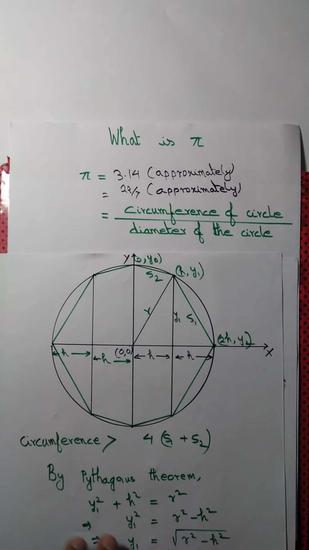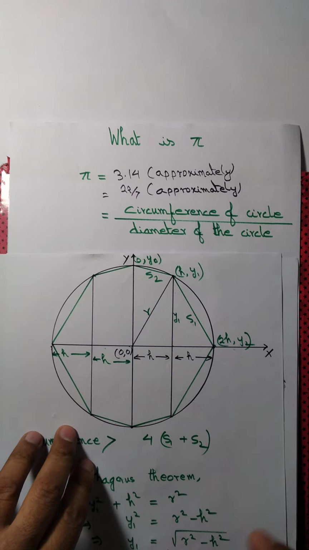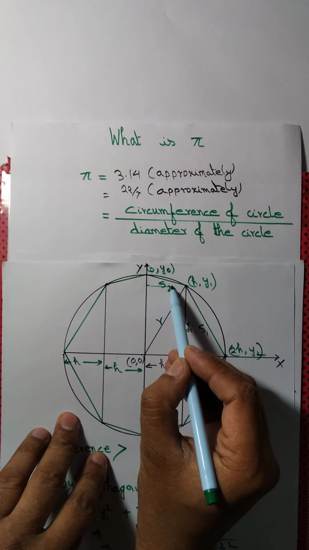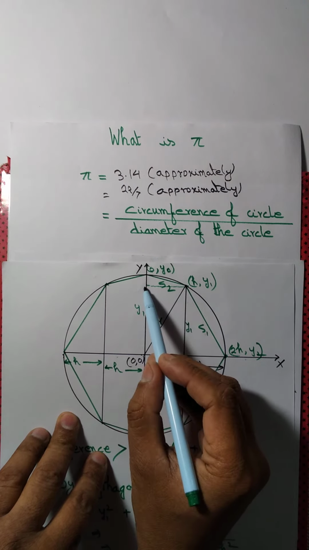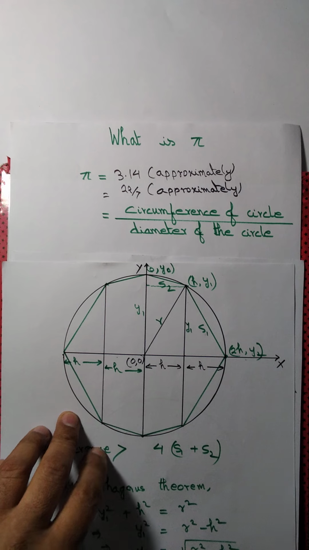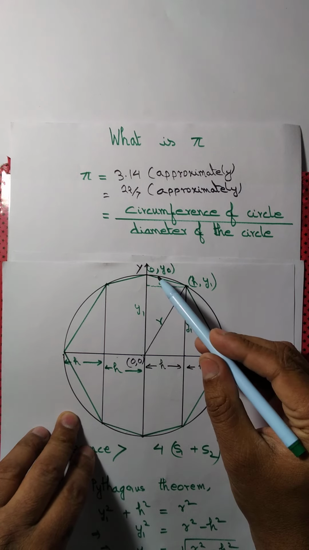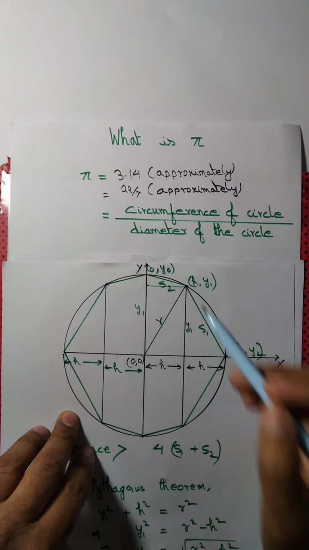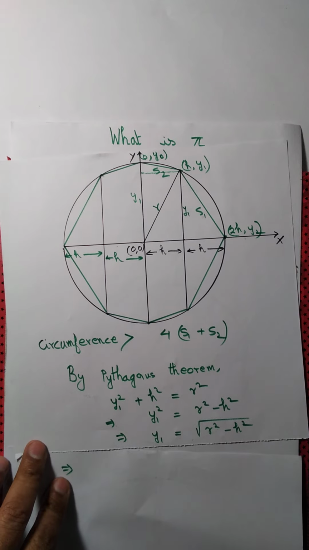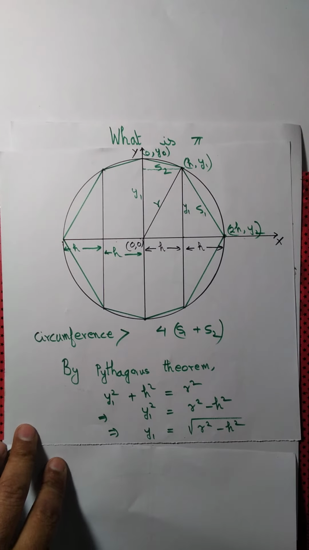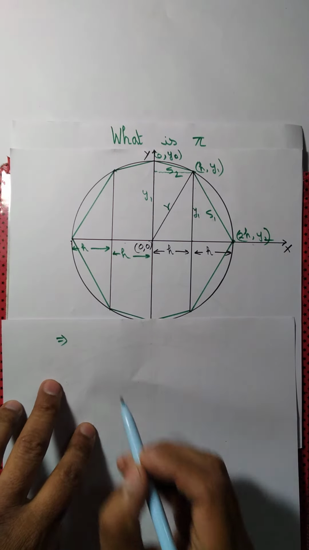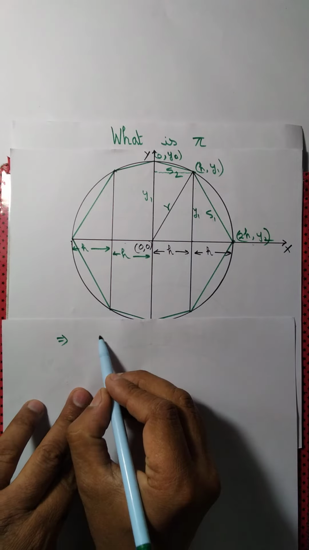So what can we say about S2 then? Well, we observe that if we draw a line parallel to the x-axis, then this length will be y1. So S2 will be equal to y0 minus y1. y0 is the radius of the circle.